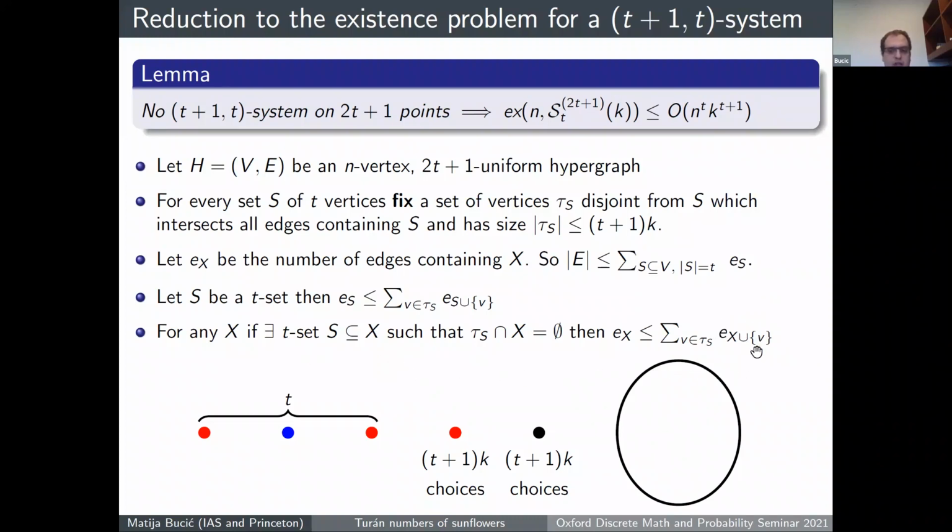And we're just not going to count the edges that contain this stuck subset X. So we're just going through this counting branching process, and some branches we end up in a stuck set, and we say, okay, tough luck, we don't do anything, we don't count edges which contain that set. So the problem now is that maybe we no longer count all of the edges, because when we are stuck, we just give up on some of the edges.